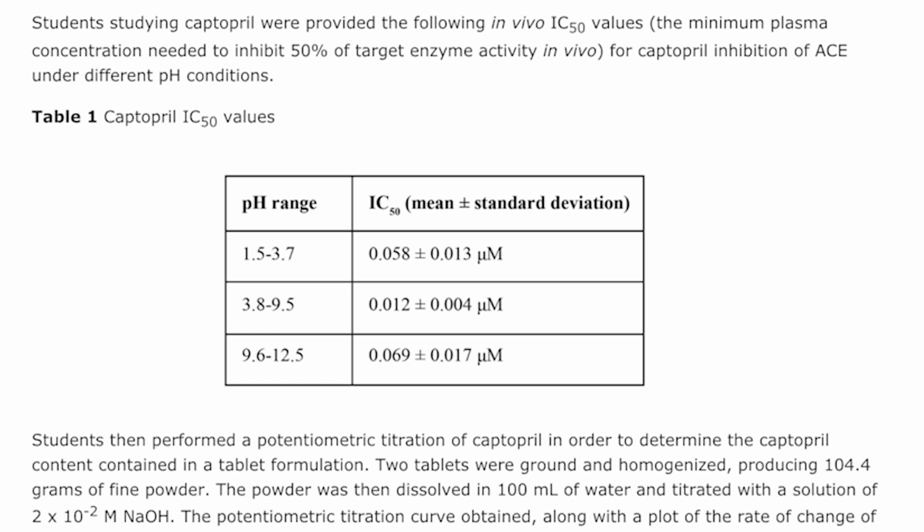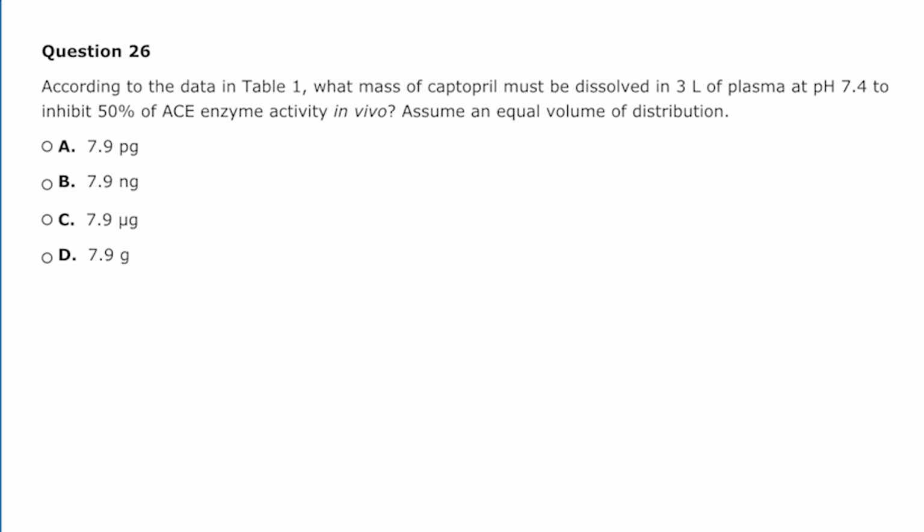So I'm assuming we use that data, the 0.012 micromoles of captopril for the IC50. And so we are given 3 liters. And so we need to make sure that we put enough captopril in to get back to that 0.012 into that 3 liters.